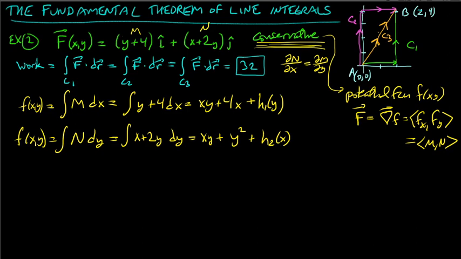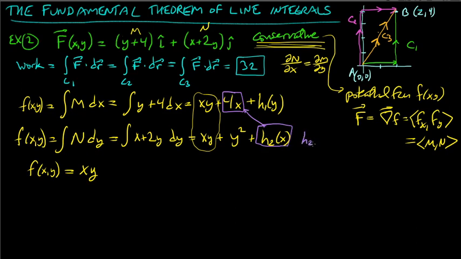and now the question is, can we make these two functions equal? Well, certainly x times y is the same for both, so the function will have to include the term xy. But notice that this 4x here is only a function of x by itself. So that might as well be h2 of x, let's just let that equal 4x.